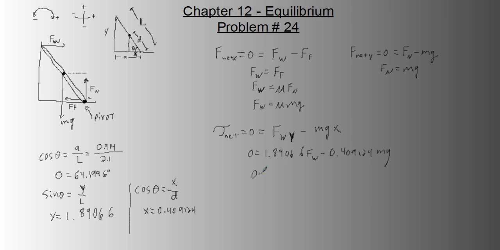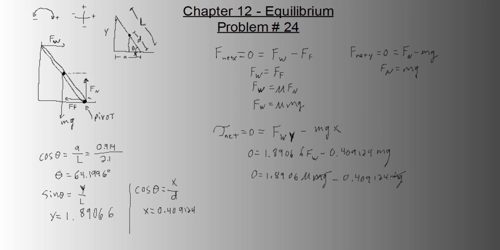So this becomes 0 equals 1.8906 mu mg minus 0.409124 mg. 0 over here, and both terms have mg, so look what happens.